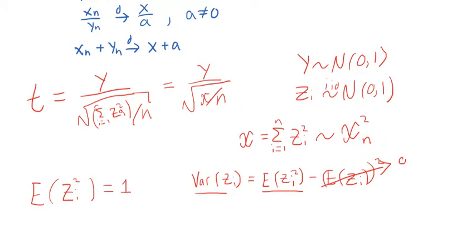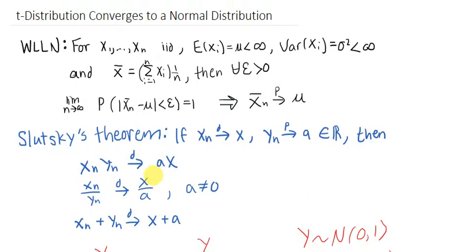So we can use the weak law of large numbers here, thinking of each Zi squared as the random variable, which are IID with a finite expected value and a finite variance, because chi-square distributions have a finite variance.